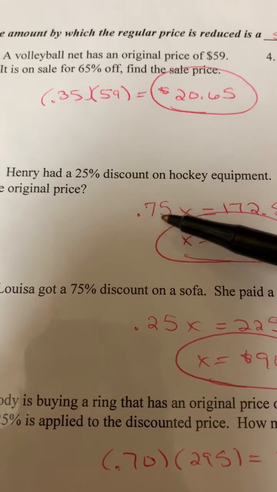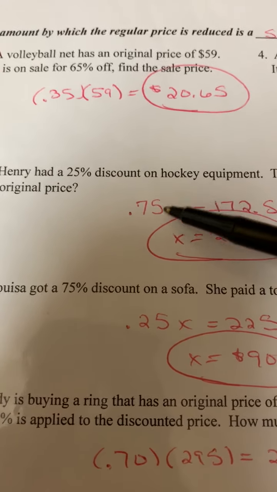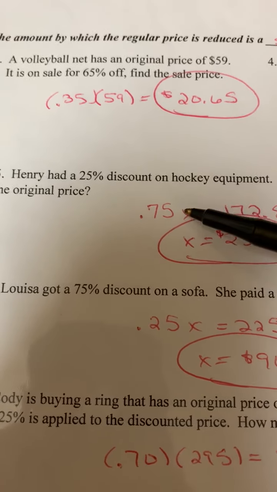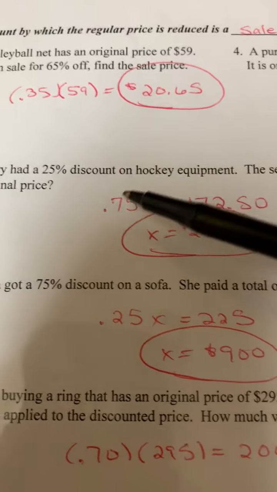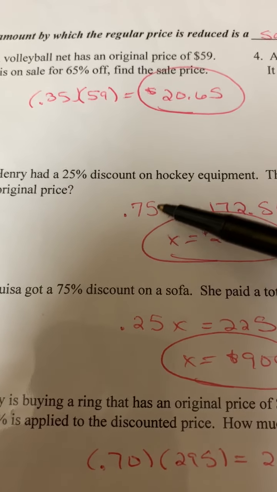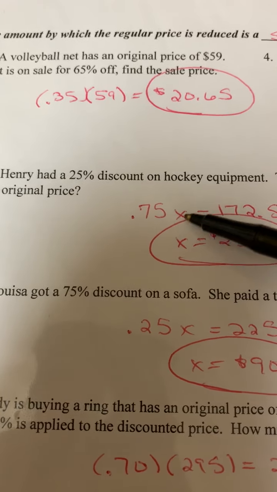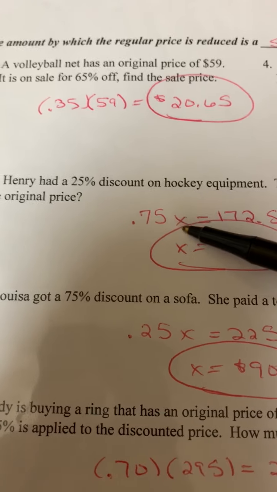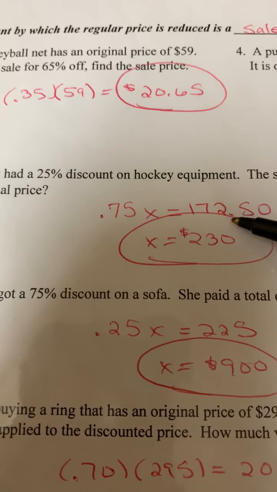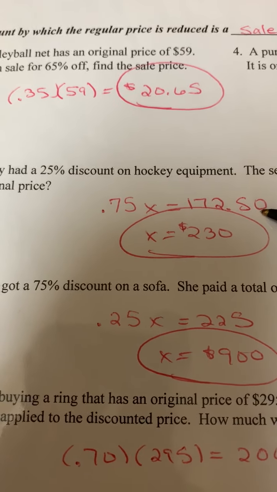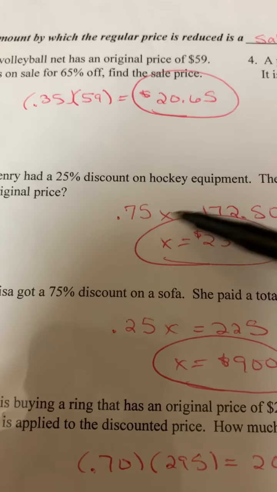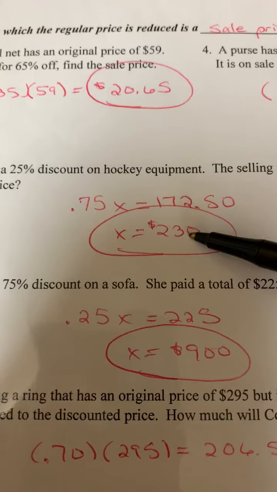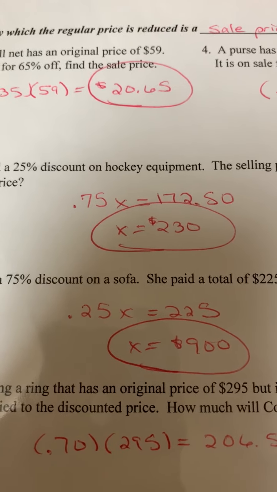So 75% of the original, that's your X value this time, is what you paid, $172.50. So the percent that you paid of the original price equaled $172.50, the amount you paid. So this is going to be a division problem. So divide by 0.75, $230 should be your answer.